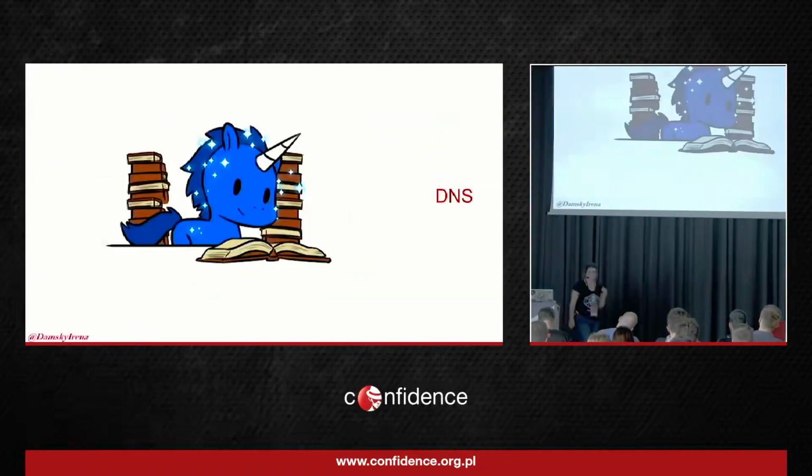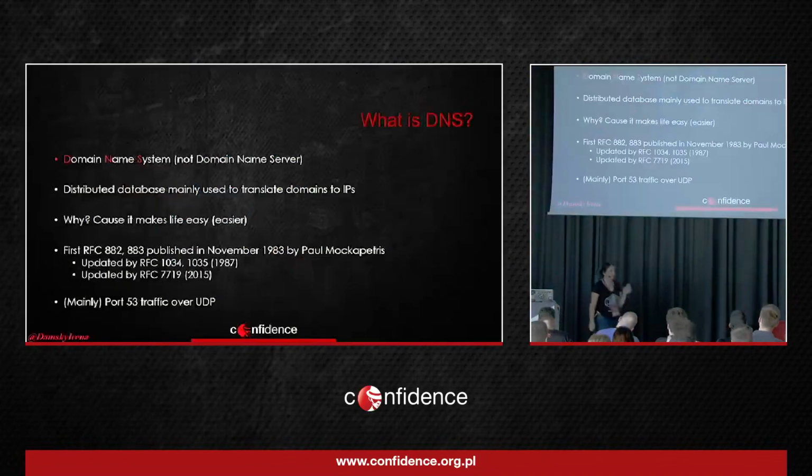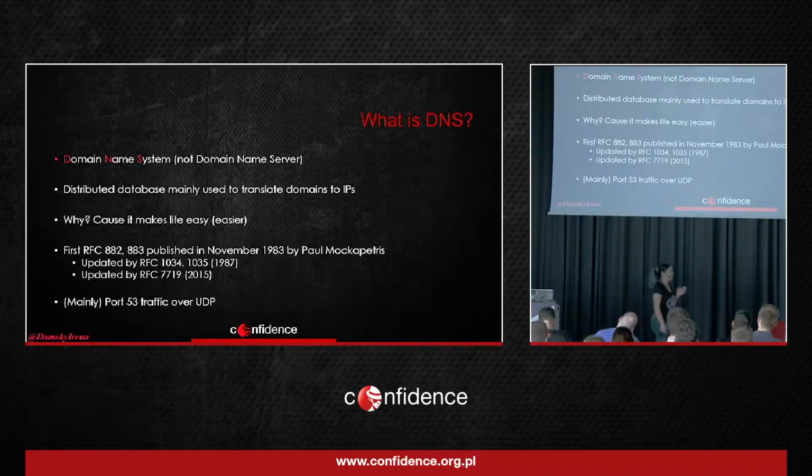So DNS. Who here doesn't know what DNS is? Okay, good start. DNS is the domain name system. It's not the domain name server, it's the domain name system. So when I say DNS server, it's actually legitimate, I'm not repeating the same word twice. It was first introduced in an RFC from 1983 by Paul Mockapetris, and it has been updated a few times.